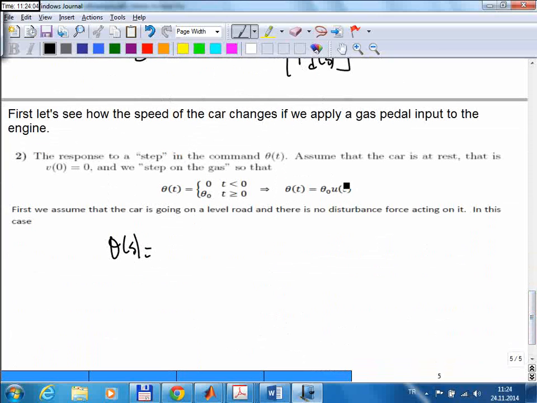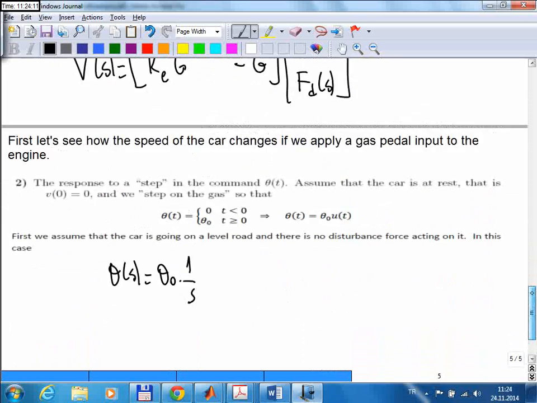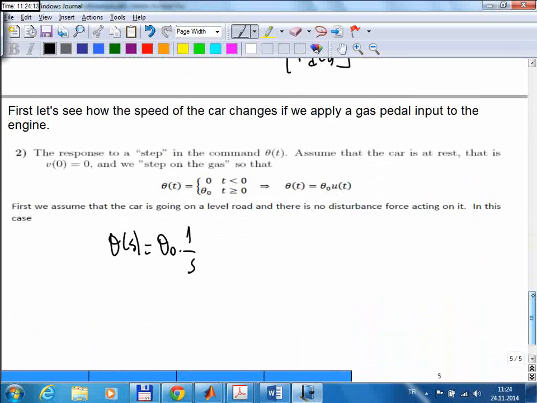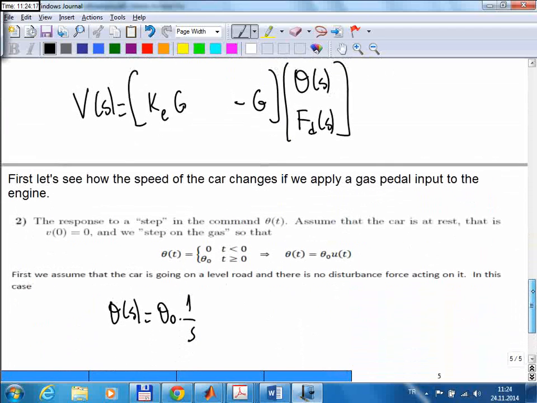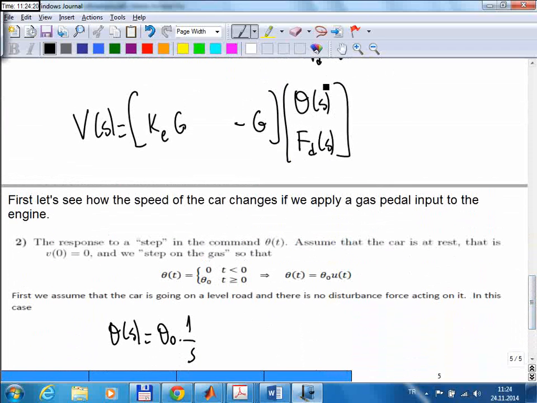If you take the Laplace transform of the input function, that needs to be theta 0 times 1 over s, or theta 0 over s. And the speed of the car will then be given by, so this is theta 0 times 1 over s, and then Ke times G is my transfer function.